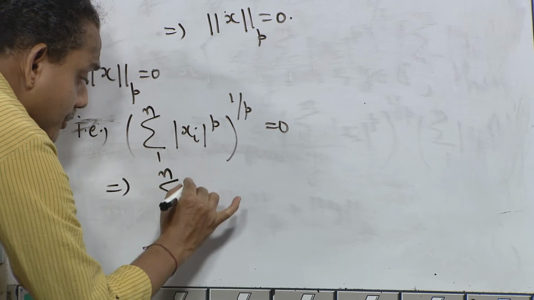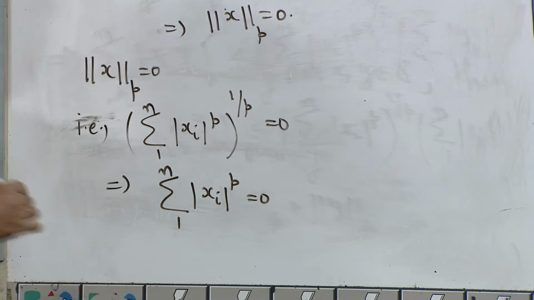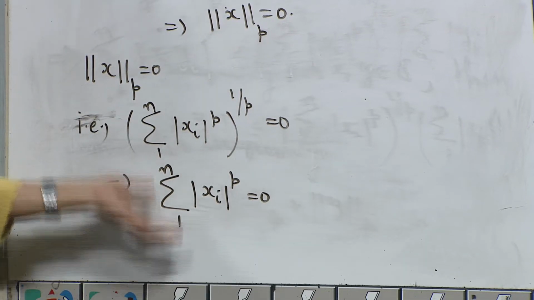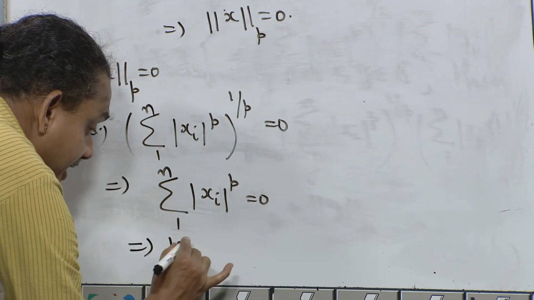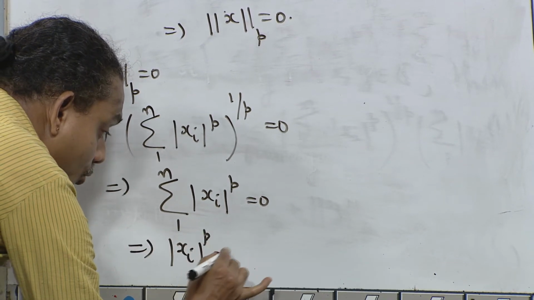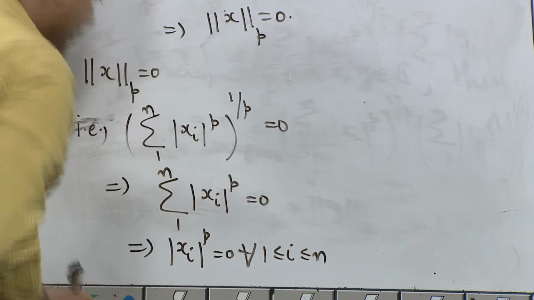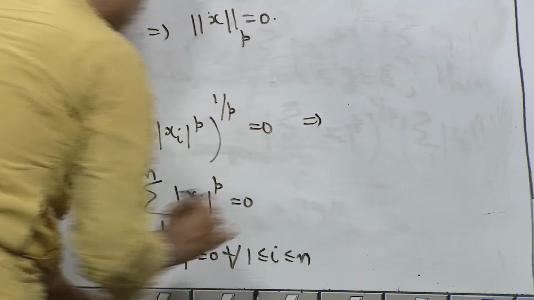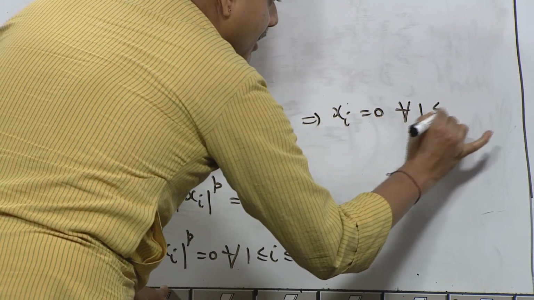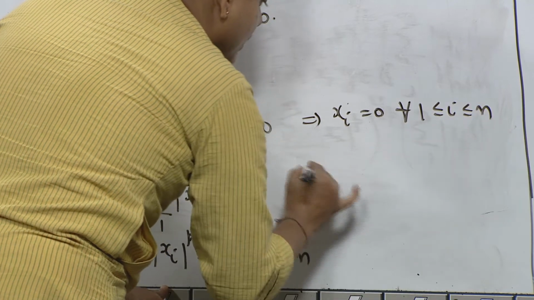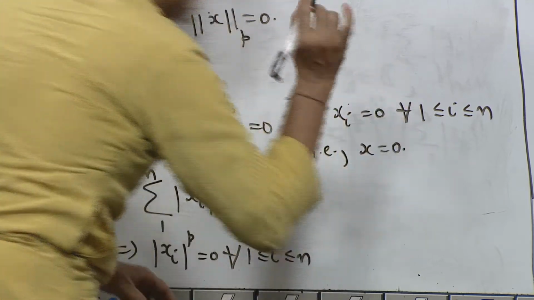We are only looking at the positive pth root, and this is a sum of positive numbers. So, this should imply that mod xi power p is 0 for all 1 less than or equal to i less than or equal to n, and that will immediately tell us that xi is 0 for all i. So, x is 0, we are done.